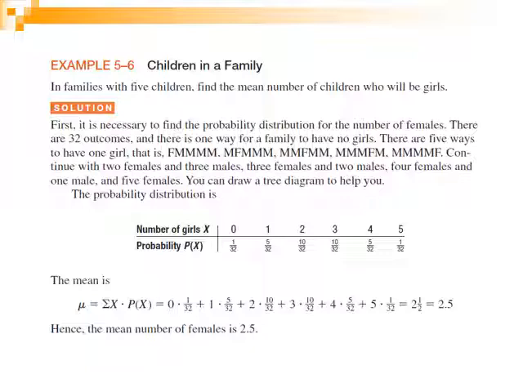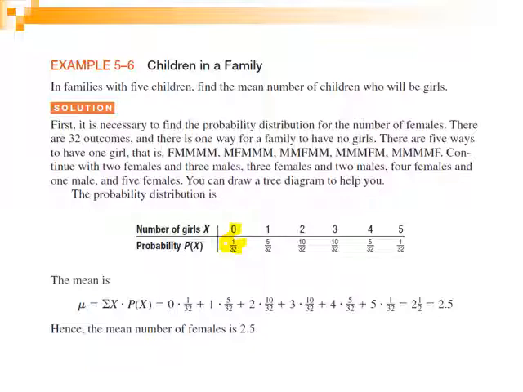We use the tree diagram to get the probability in each case. We are interested in this example in finding the number of girls, so we will use this table and get the outcomes here. The first row is 0, 1, 2, 3, 4, up to 5 girls, and the probability of each one occurring. The probability of having no girls, which is the first one here, P(0), is equal to 1 over 32.